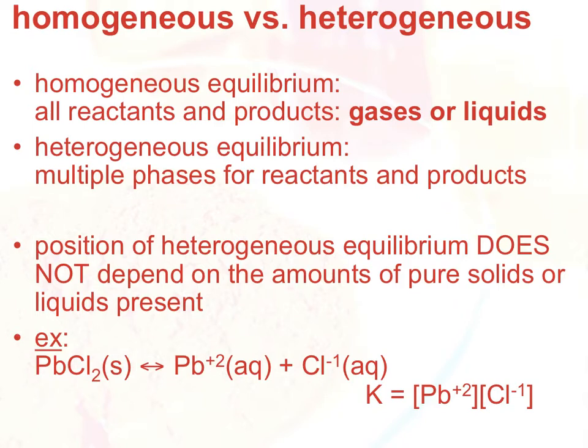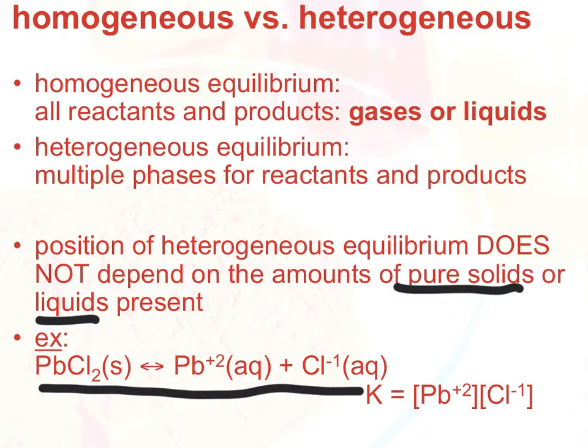your position of equilibrium does not depend on the amounts of either pure solids or pure liquids that are present in the equation. Okay, so if we look at this equation down here, notice we have two products that are in the aqueous phase, and we have obviously a solid reactant.